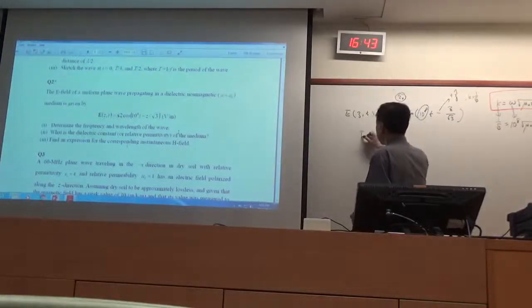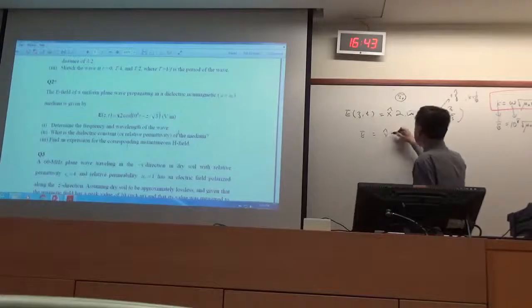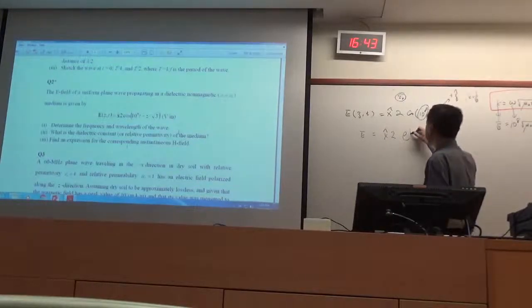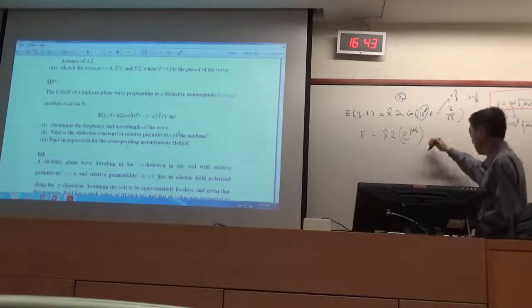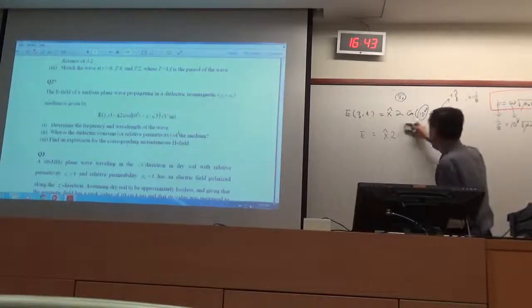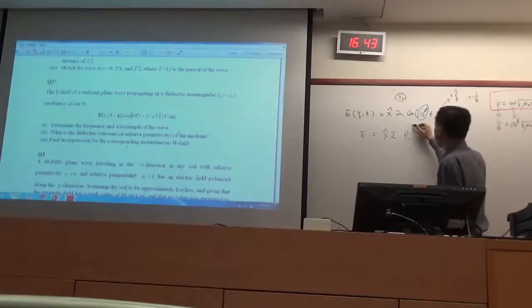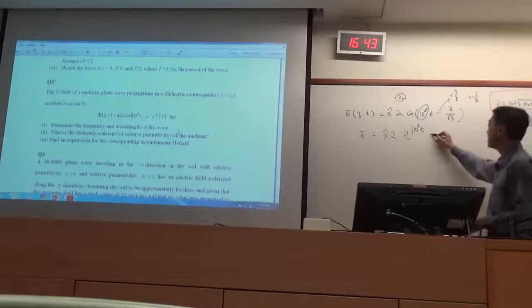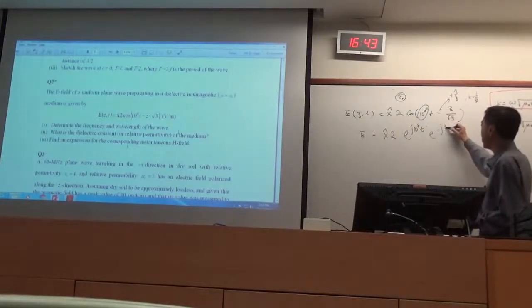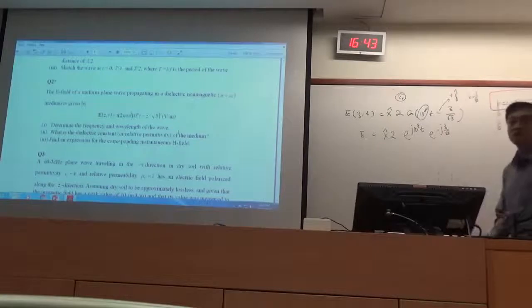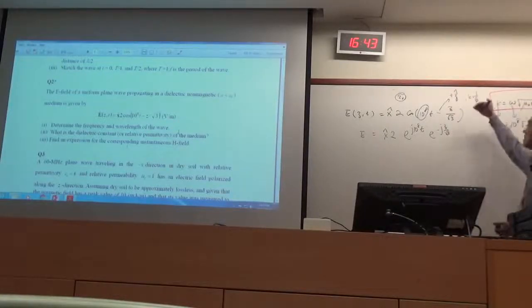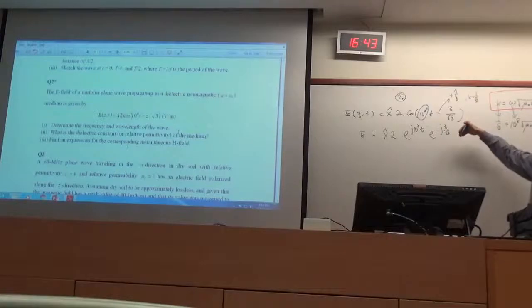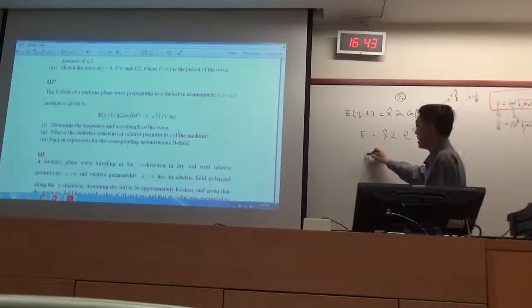So the phasor is equal to x 2 e to the j omega t, which is understood, or in this case e to the j 10 to the power 8 t, e to the minus j z over square root 3. So this is instantaneous form to phasor form. Then what is H?